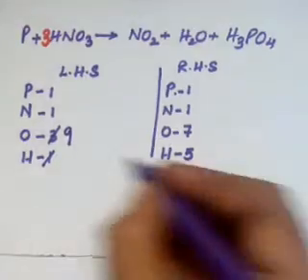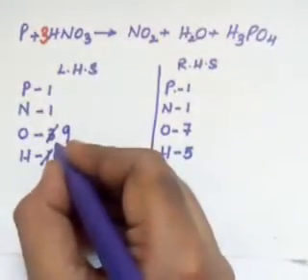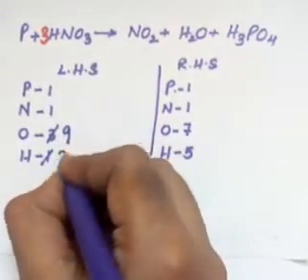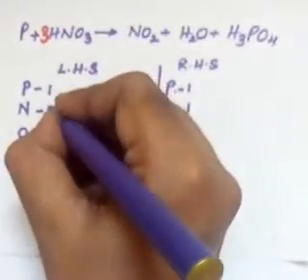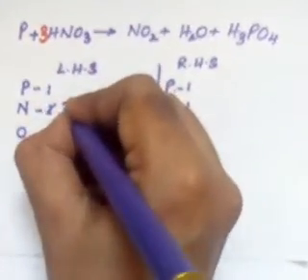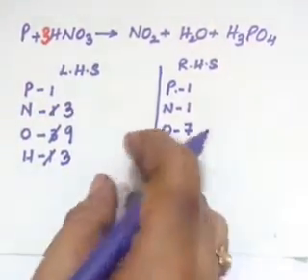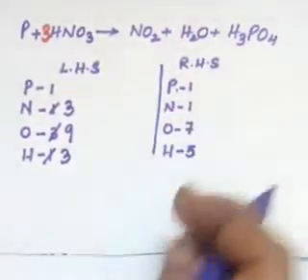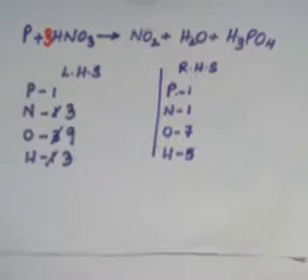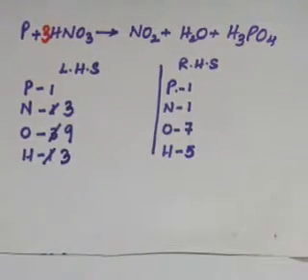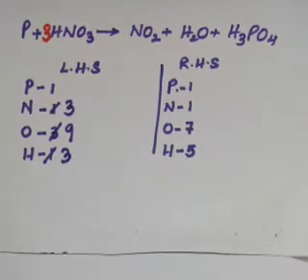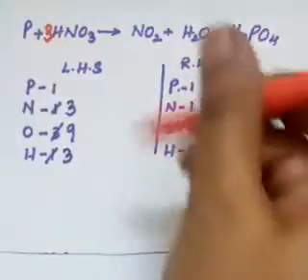Hydrogen will also become 3 here. But there will be a change in nitrogen also, right? Nitrogen will be 3 also. As nitrogen has changed here, let us make the change here also. Here 3 nitrogen is there, so we need to make the change over here also. So let us write 3 here also.